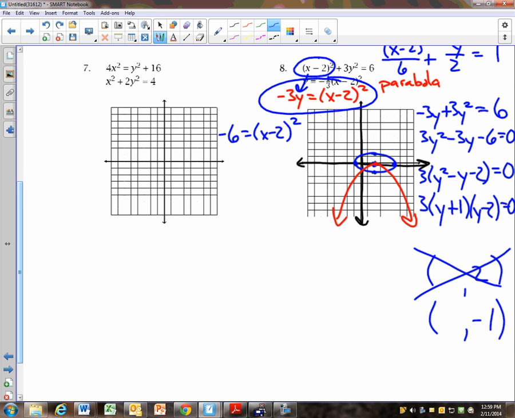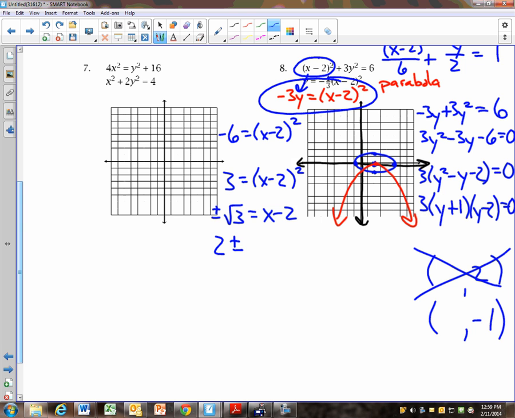So let's try negative 1. Negative 1 times negative 3 is 3 equals x minus 2 quantity squared. But I want to solve, what do I do to both sides? Square root: the square root of 3, plus or minus, is equal to x minus 2. What's my last step?